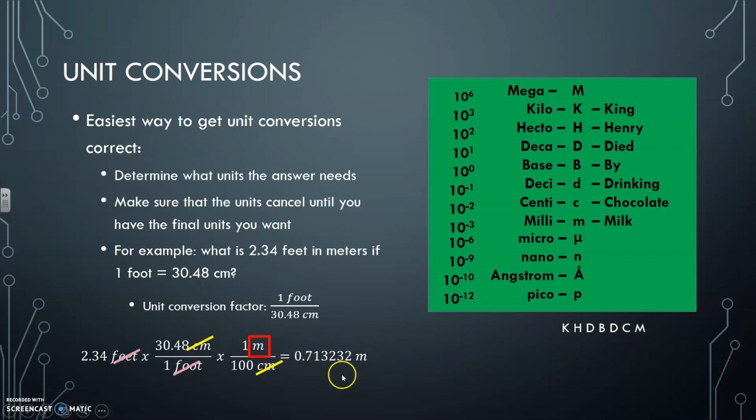And you end up with the same answer. So you can do it either way. It comes down to how comfortable you are with the number part of this conversion versus just doing this. So whichever way is easier for you, go with it.